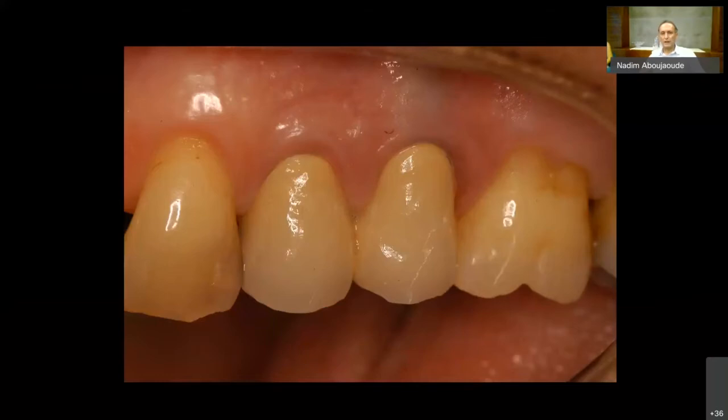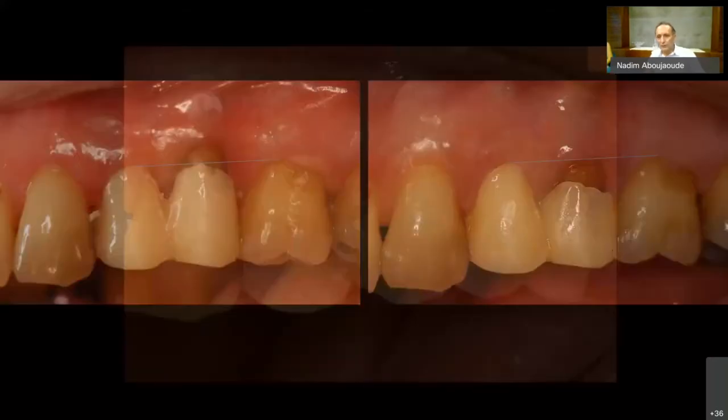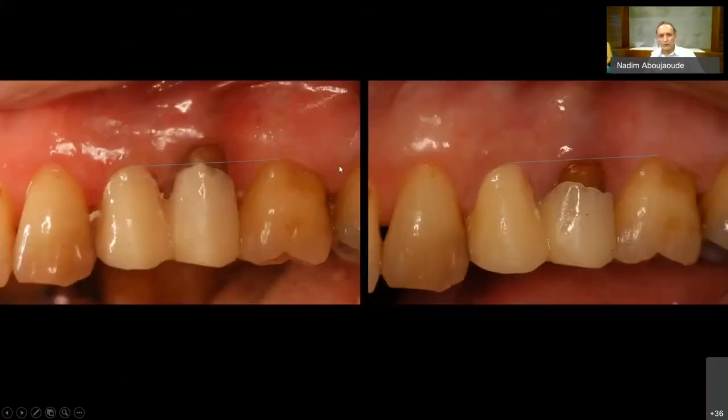Moreover, what happened here? Let's look closely. You will see that here was the preparation of the crown. Can you see it here? It's outside the gingiva. And what came out is the calculus. Because when we do the forced eruption, first of all, what happens?